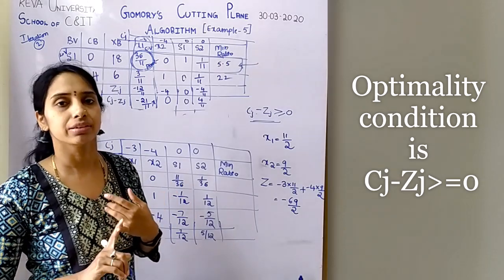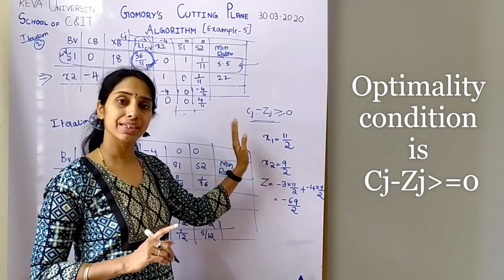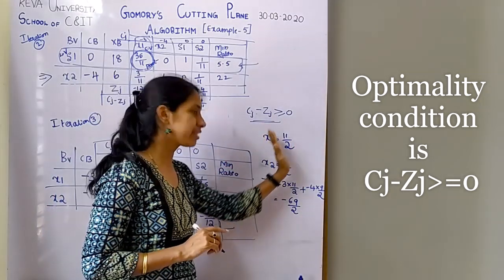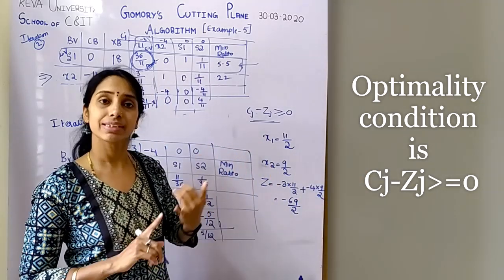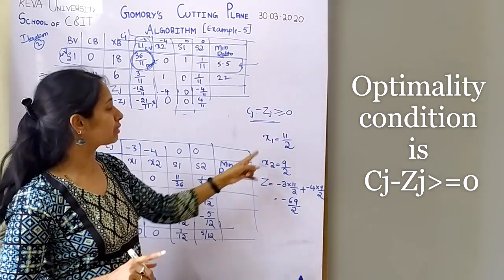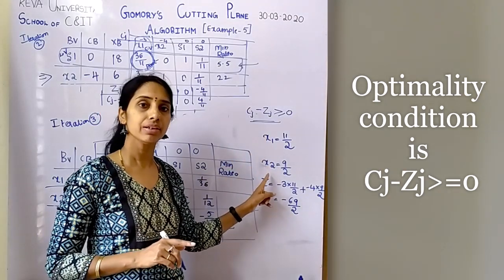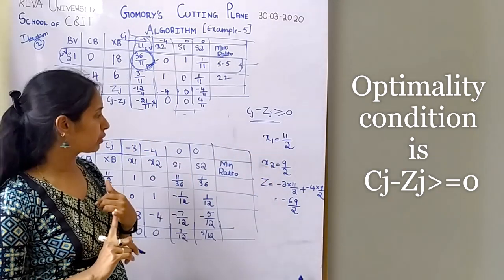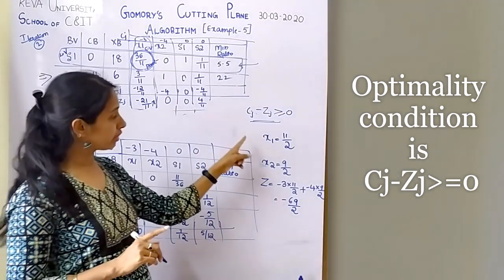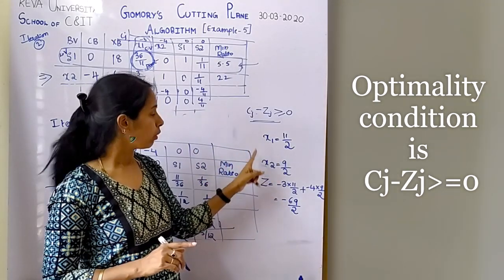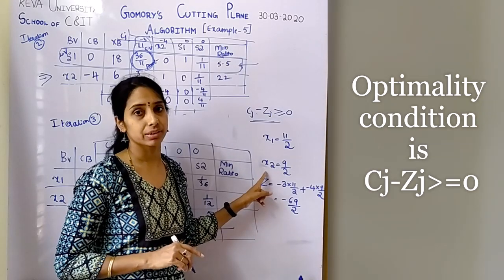So that is the reason we are using GOMORY'S cutting plane algorithm to cut the fractional part of this and to get the integer as an answer to these values for x1 and x2. Now we have to generate the GOMORY'S constraint, whether we have to choose x1 or x2.